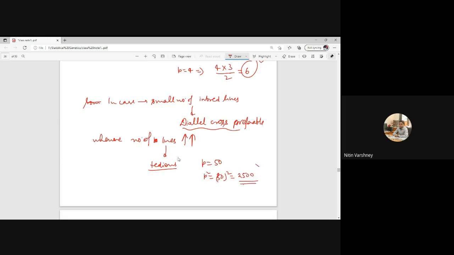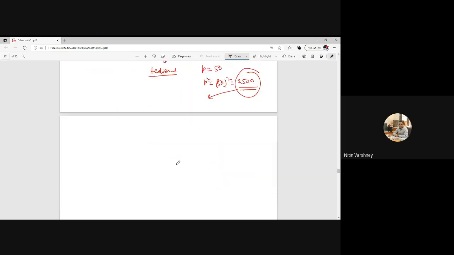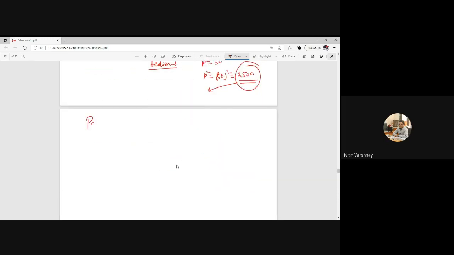In such a situation, we will use partial diallel cross. Whenever the number of inbred lines is too high, we will go for PDC, known as partial diallel cross.